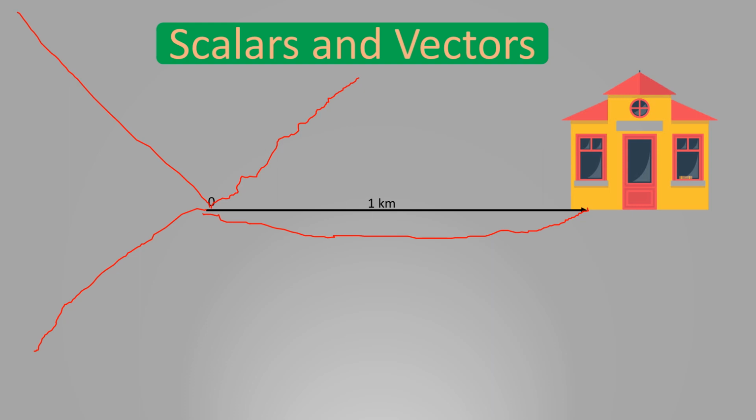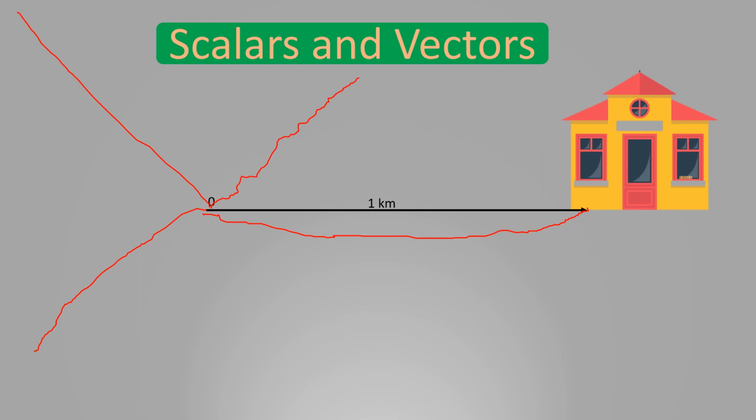So a physical quantity which requires both magnitude and direction is called a vector quantity, and a physical quantity which doesn't require any direction, where only magnitude is enough, is called a scalar quantity.